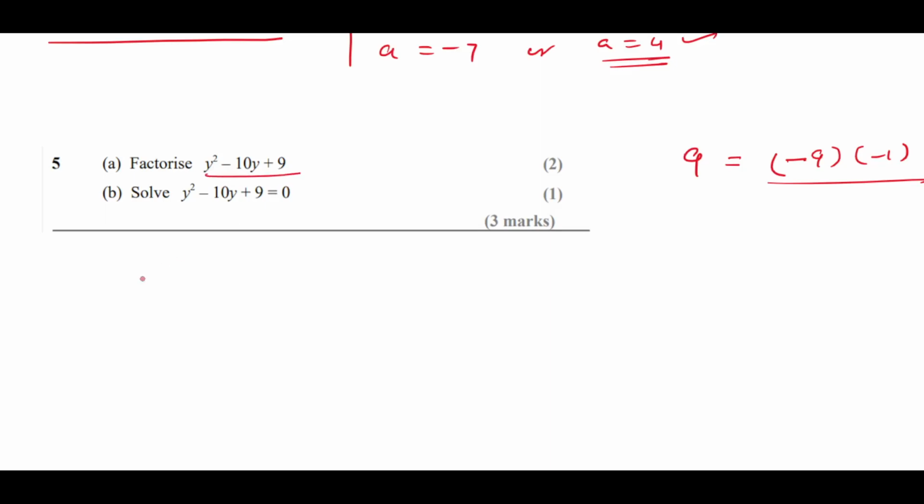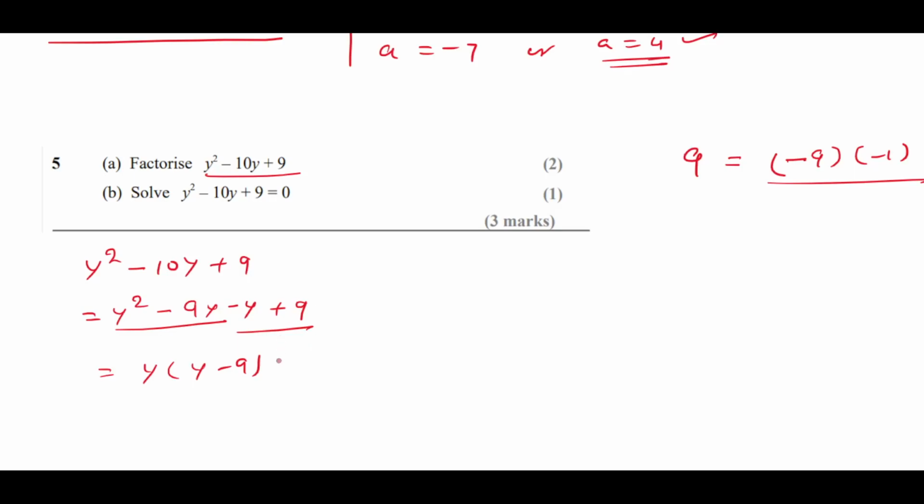So this expression, y square - 10y + 9, I can write as y square - 9y - y + 9. Now from the first two I will take y common, so it is y(y - 9). From the rest two, as I told you, if you are getting y - 9 here, you should get y - 9 at the second place as well.